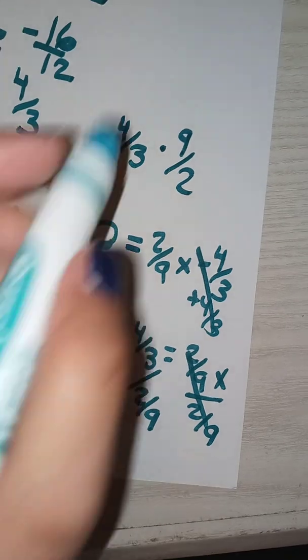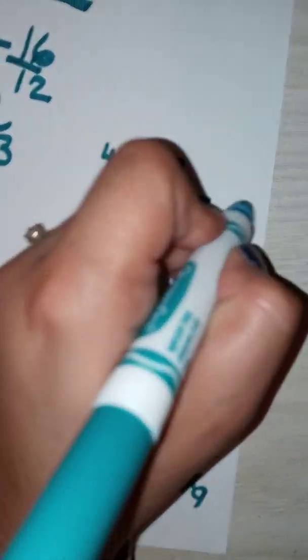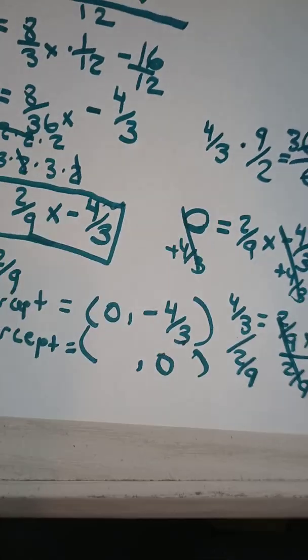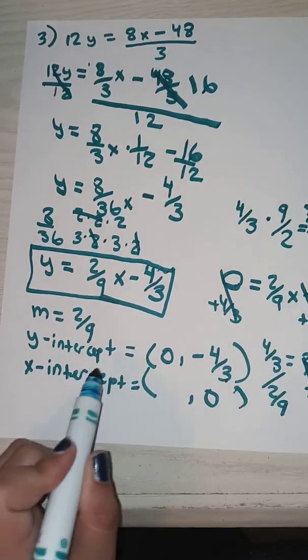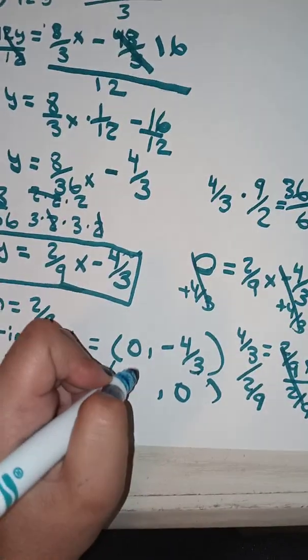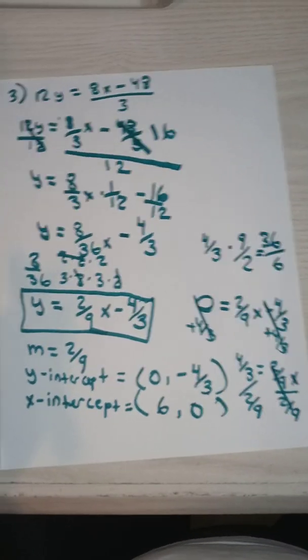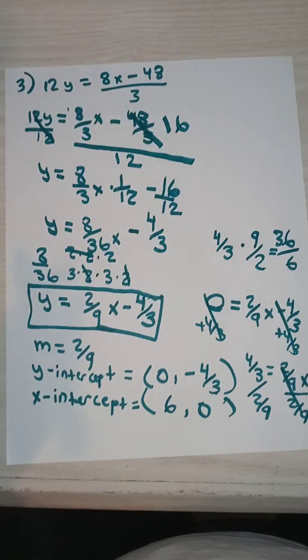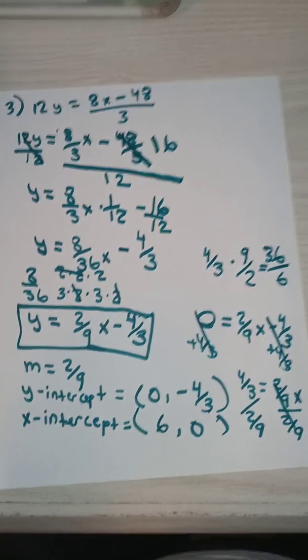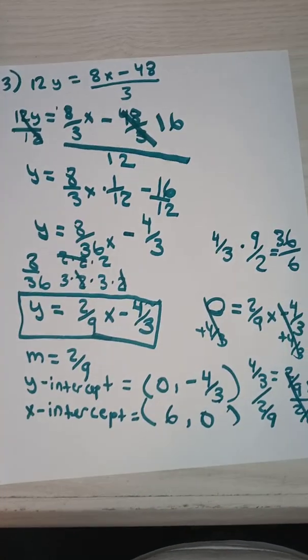And we get 36 divided by 6 is 6. So your x-intercept here will be 6, 0 as your answer. That's how you solve problem number 3. And we will continue with problem number 4.